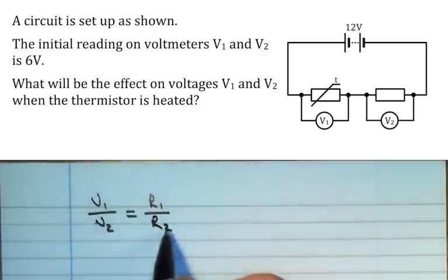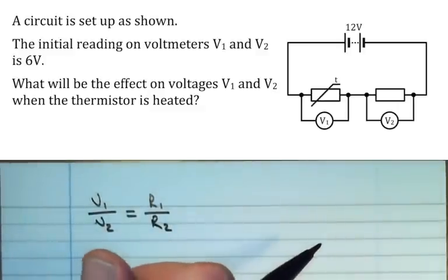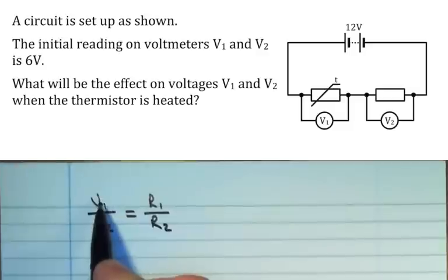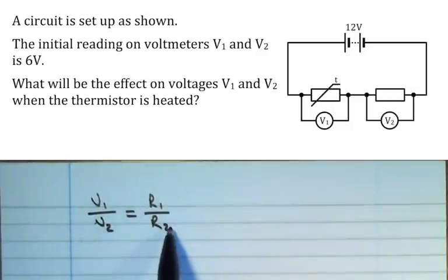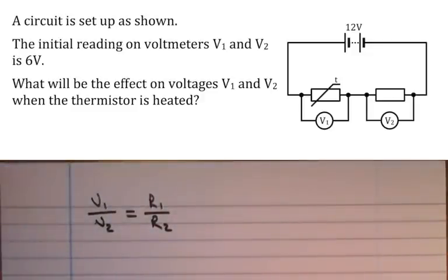I'm not going to use this equation right now, but the fact that V1 is equal to V2 tells me that R1 is equal to R2. So whatever the value of the resistor on the right, the resistance of the thermistor is the same.